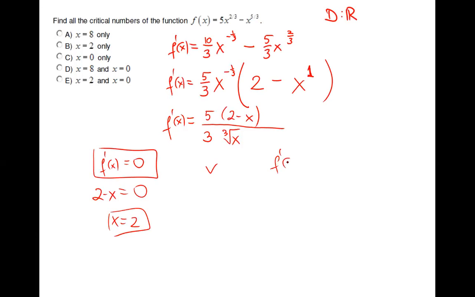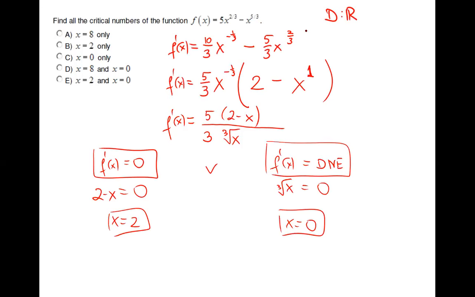Or the derivative is undefined if the denominator is 0, x is 0. Double check, this is in the domain and this number is also in the domain. Those are the critical points, 0 and 2. This is the way to get the critical points.